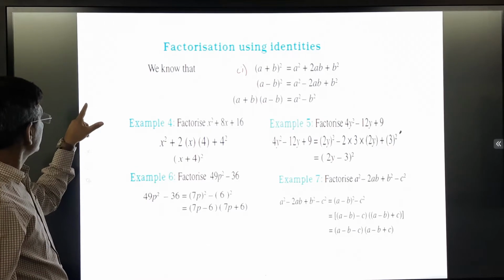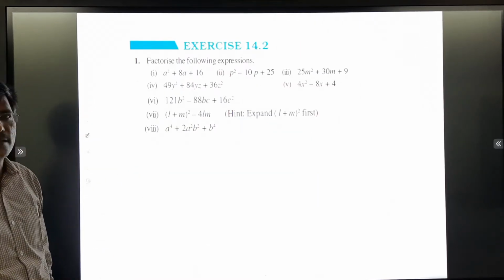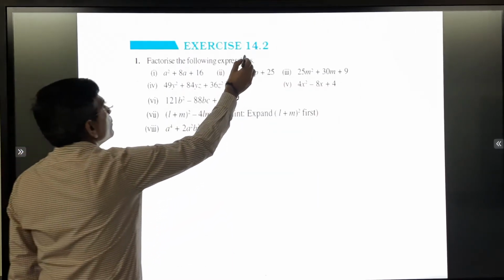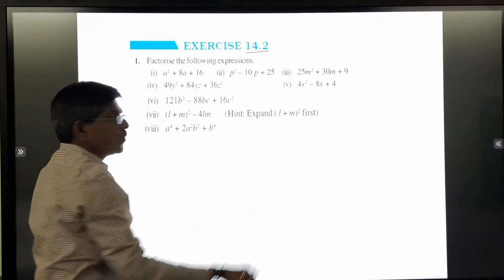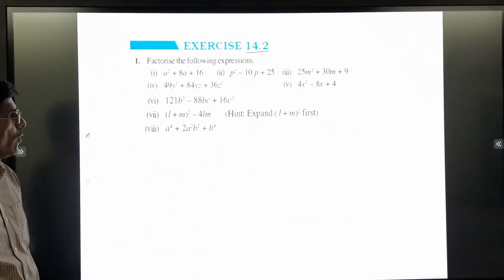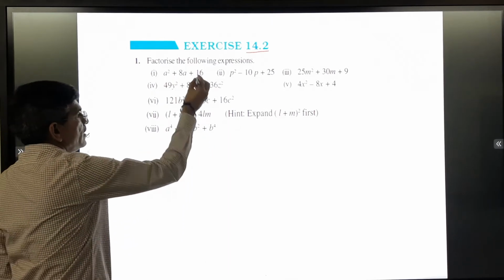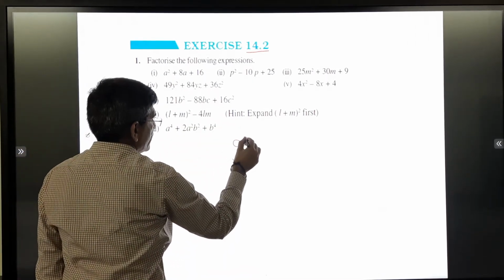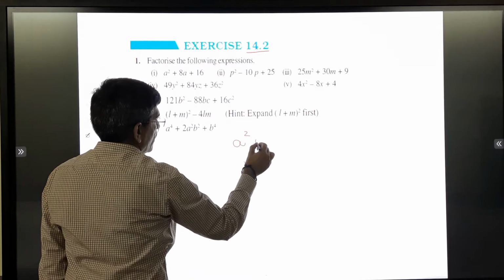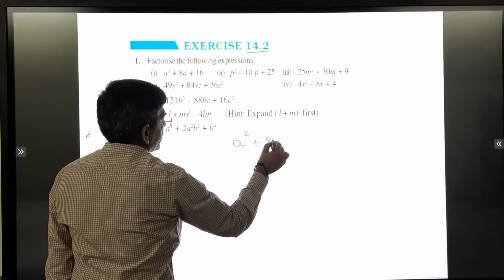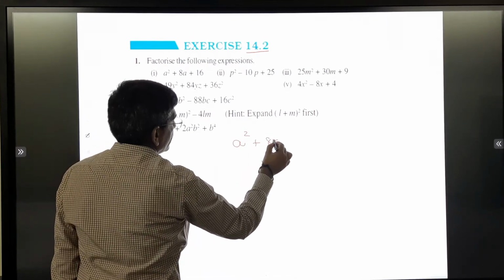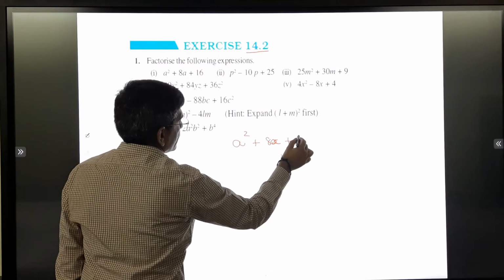Now in the next slide we go for the exercise, that is exercise 14.2. We have already discussed it in class, but we have to revise again. So the first question is a square plus 8a plus 16.